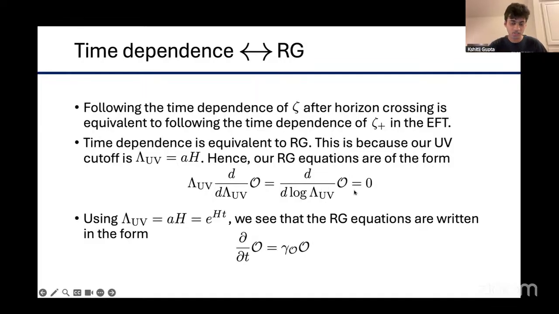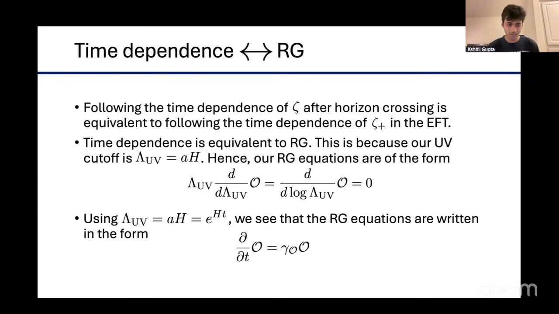RG equations are of the form lambda d/d lambda of some operator is 0, or the derivative with respect to log of lambda is 0. Because lambda is a, which is an exponential in time, the Callan-Symanzik equations essentially become the derivative with respect to time of some operator being its anomalous scaling dimension gamma times the operator. So this is a great simplification.